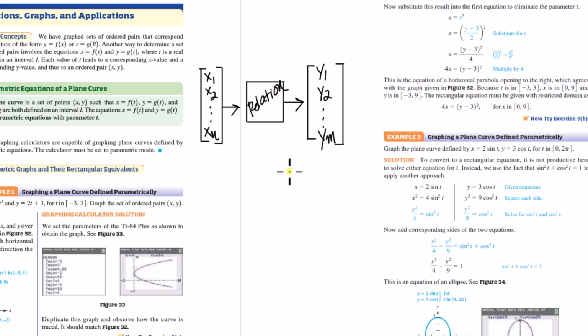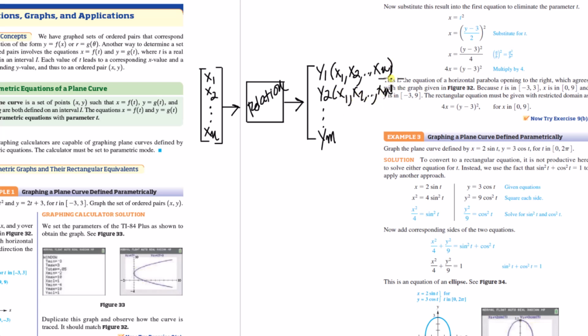All right, so why are all vector-valued functions, from a technical math definition perspective, parametric equations? Well, the reason is because the way you look at this, each of these outputs is a function of the inputs. So y1 is a function of x1, x2, all the way to xn.